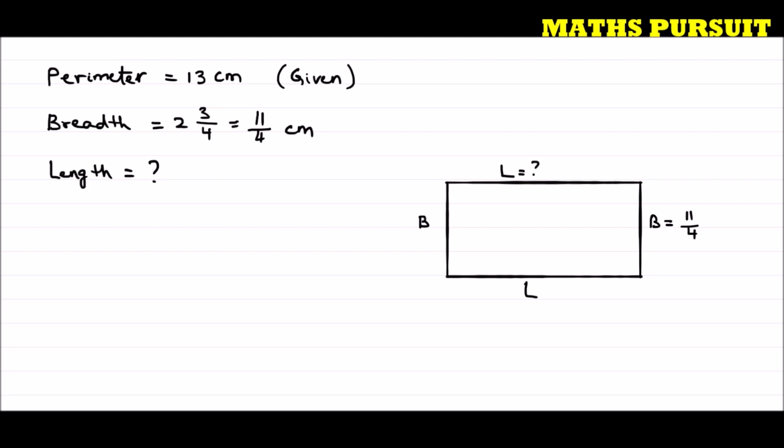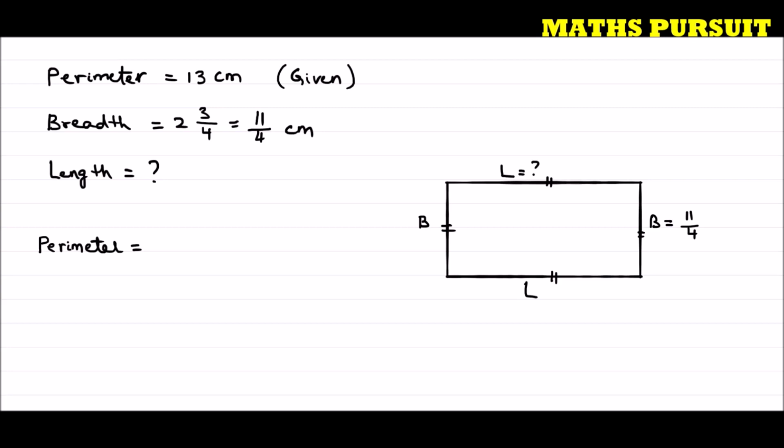Now guys, what is the perimeter of a rectangle? We very well know that the perimeter of a rectangle is nothing but, if we add all the four sides, the boundary of the rectangle, that is the perimeter of the rectangle.